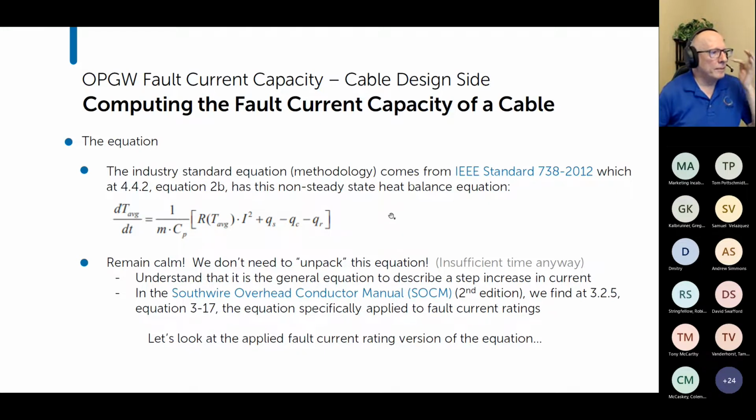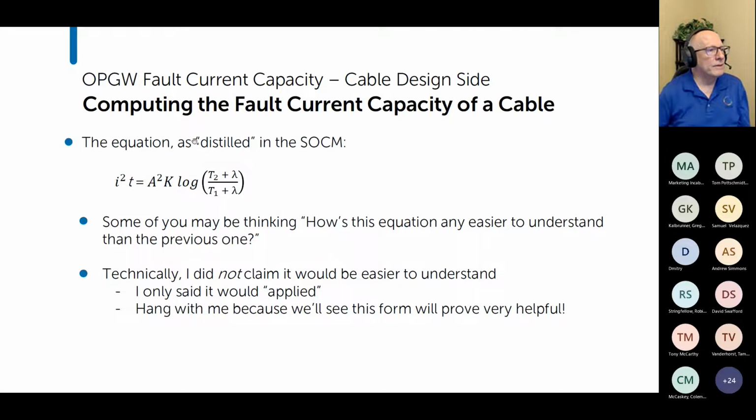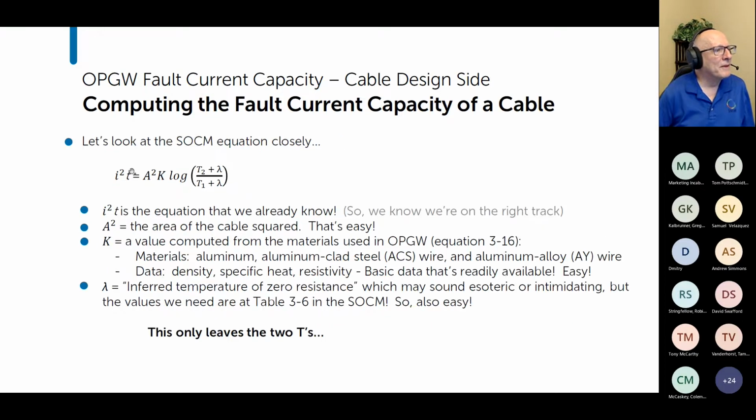Let's look at that. It looks like this: I squared T equals A squared K log blah, blah, blah. Now, some of you are thinking, hey, wait a minute, this isn't any easier to understand than the previous one. I'll just respond that I didn't claim it would be easier. I just said it would be applied. We're going to see in just a moment why that's important.